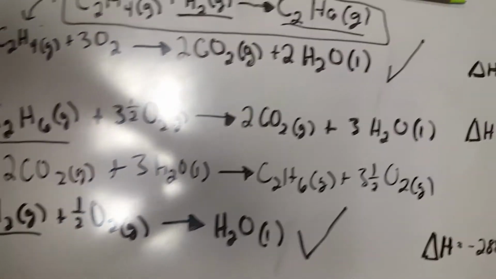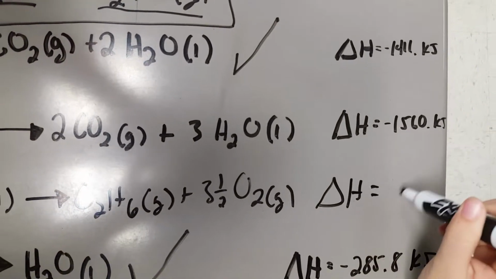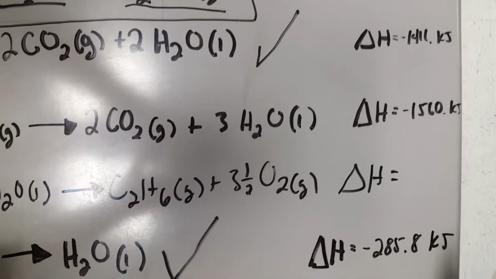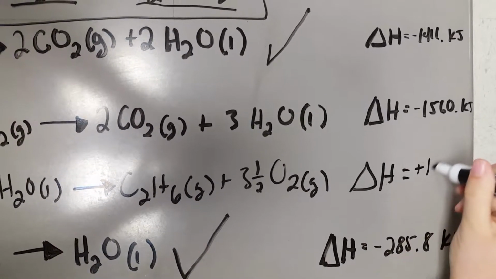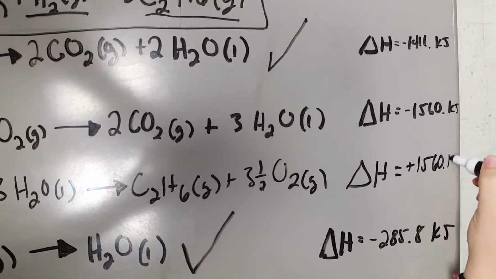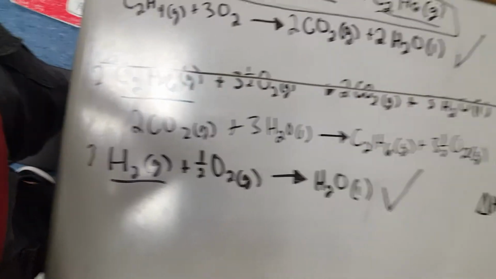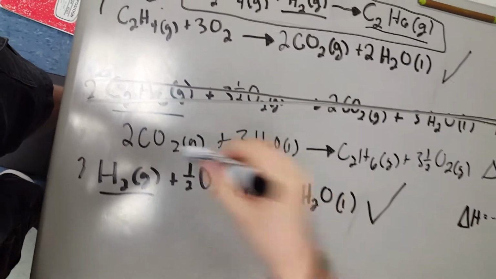But for this, the delta H flips from a negative to a positive, because whenever you flip it, it goes to the opposite sign. So now it's positive 1,560 kilojoules. So this original equation can be crossed out because it's no longer important.